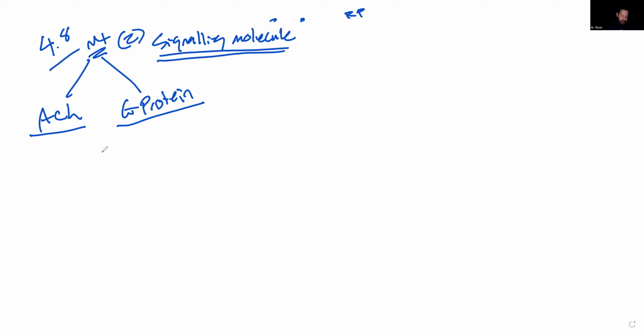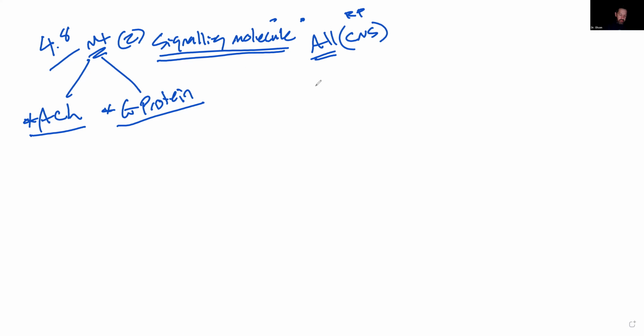We can also say there's this general rule that neurotransmitters, or at least all the selected neurotransmitters that we're going to talk about here, all have actions in the central nervous system.